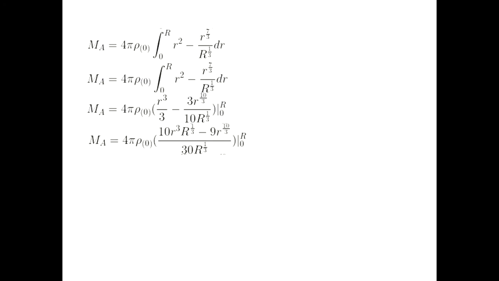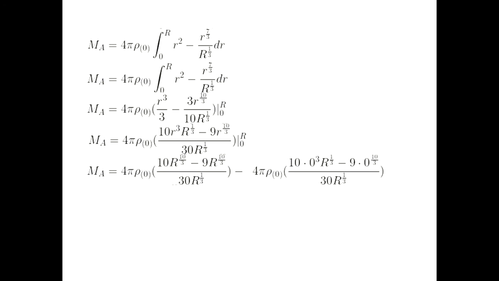What we'll do is put them all under one denominator and substitute R and 0. Notice that we've substituted 0, so it's going to be 0, such that we can further simplify, such that the mass is equal to 2 pi over 15 multiplied by rho nil multiplied by R cubed.